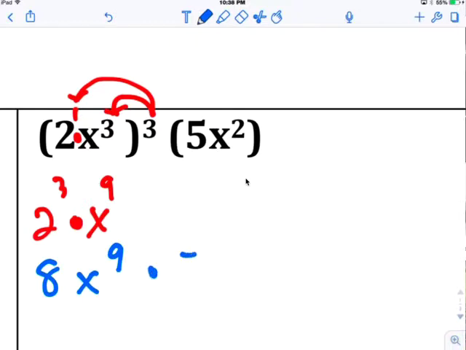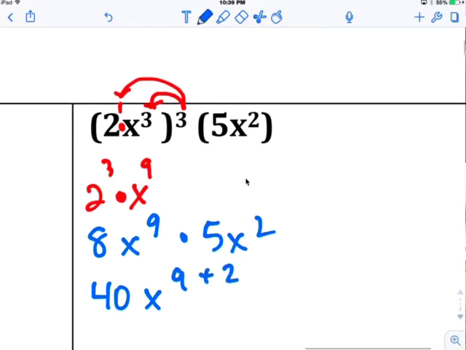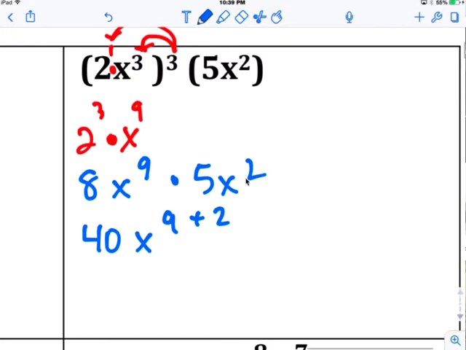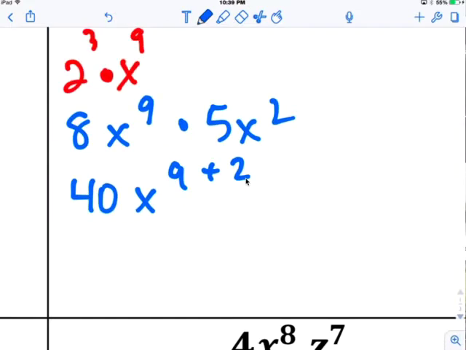Times 5x squared, this right there. And that gets you 40 x to the 11th, because we add x to the 9 plus 2, right? When you multiply, product of a power, you add the exponents, so 40x to the 11th.